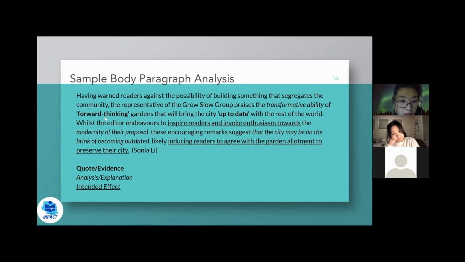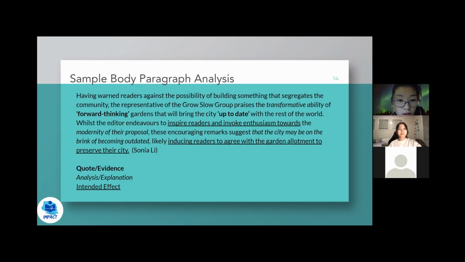And we've conveniently got the evidence bolded, and then we have the intended effect conveniently underlined. So we're talking about the intention to inspire readers and invoke enthusiasm towards the sense of modernity, that things are moving forward and progressing.